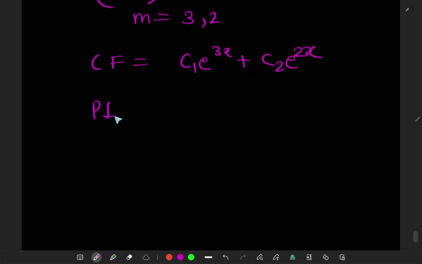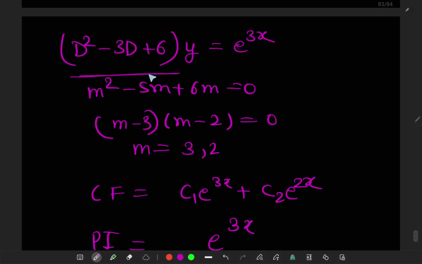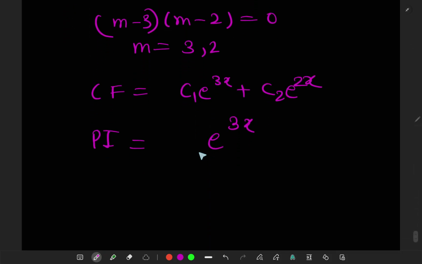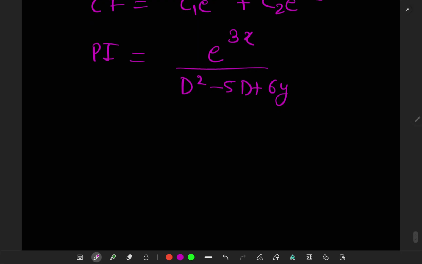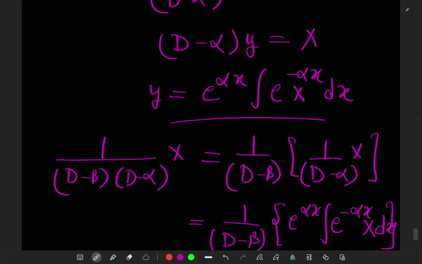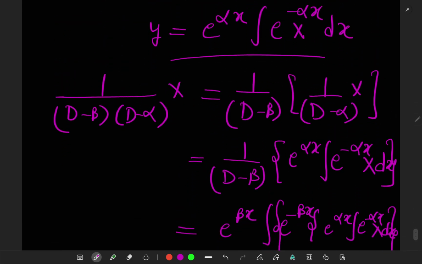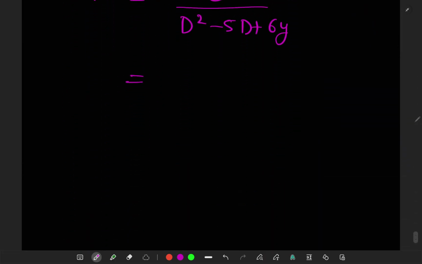Now for the particular integral, e raised to power 3x, this term goes here, so we can use this identity for solving this differential equation.